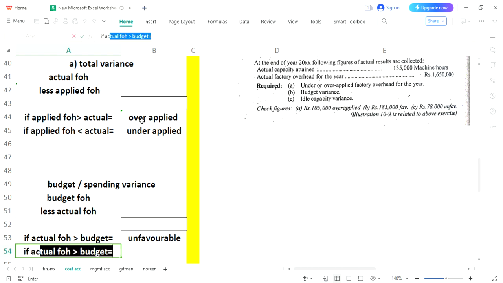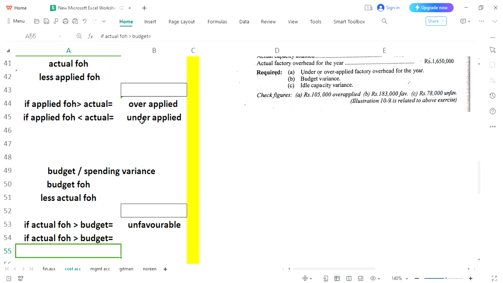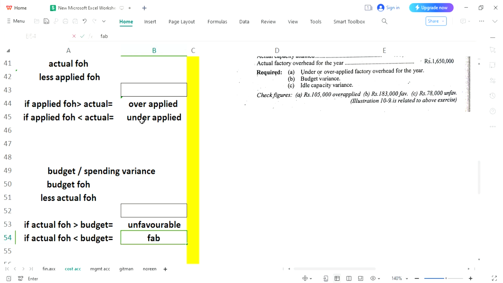If actual FOH is less than your budget FOH, you will call it favorable.